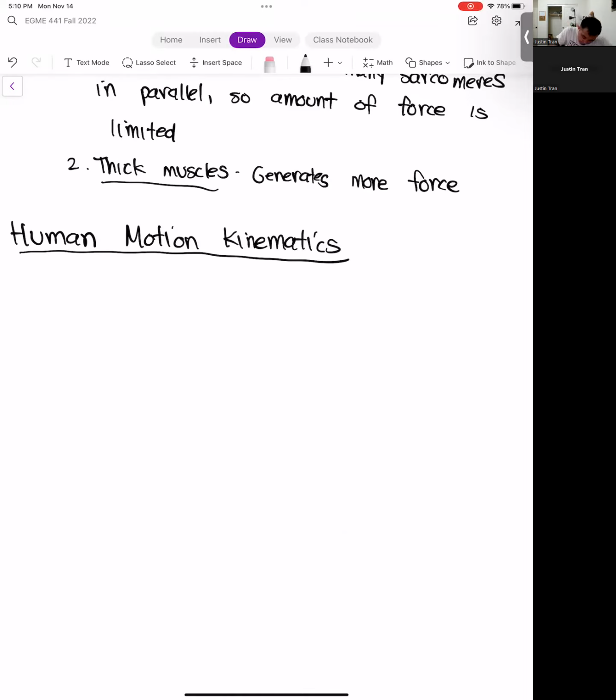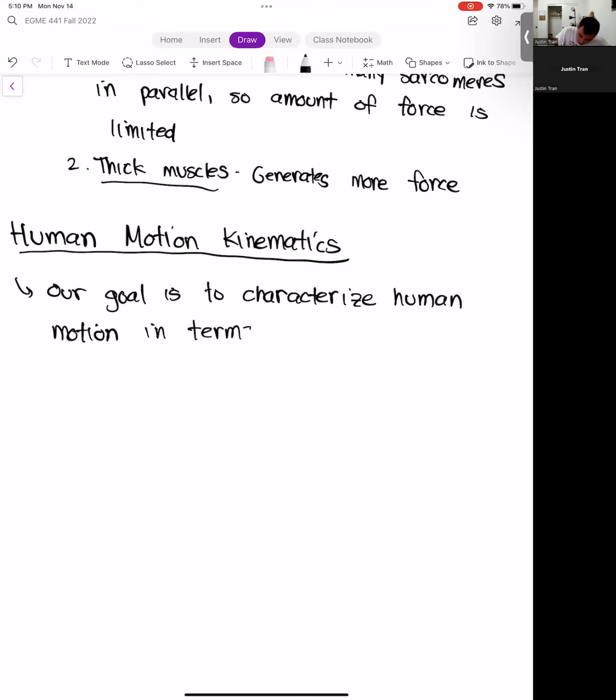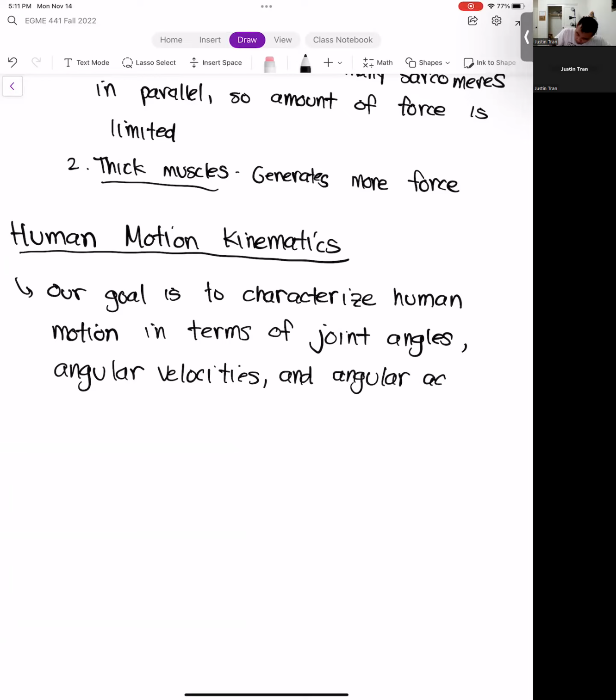That's our goal. Those are the main things that we're hoping to compute here.